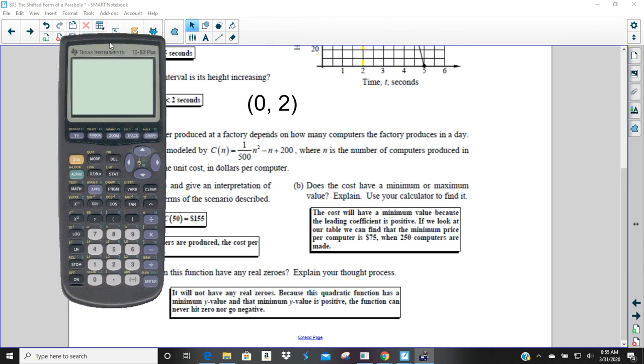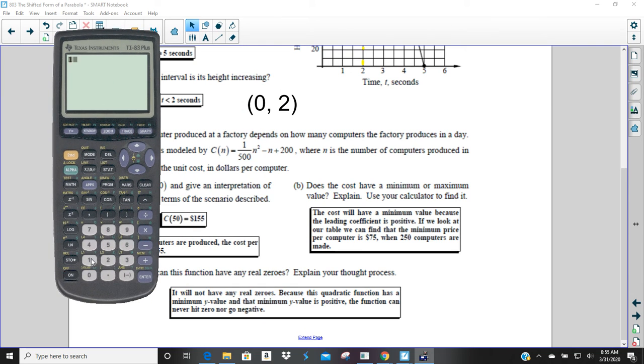This is going to be 7a. So I'm going to do 1 divided by 500 times 50 squared, so I'm plugging in 50 for n, minus 50 plus 200. Enter. And the answer is $155. Make sure you put the dollar sign, okay?